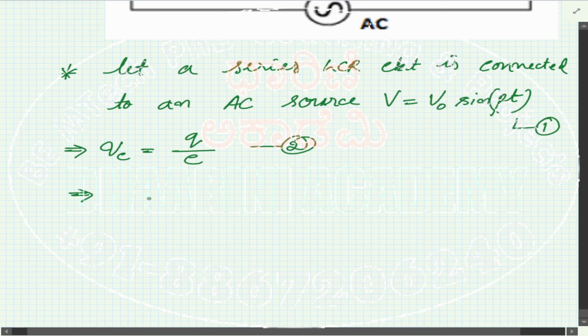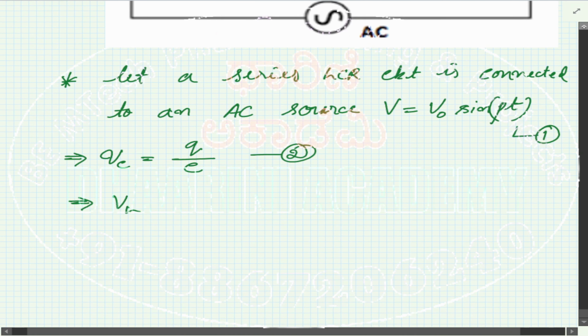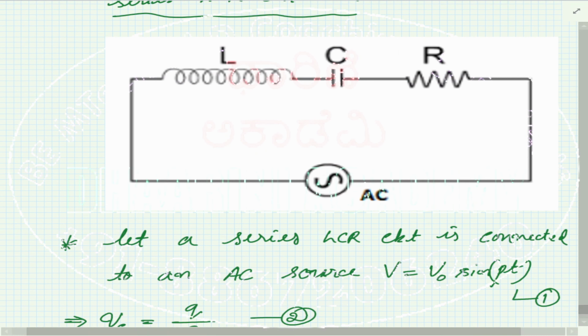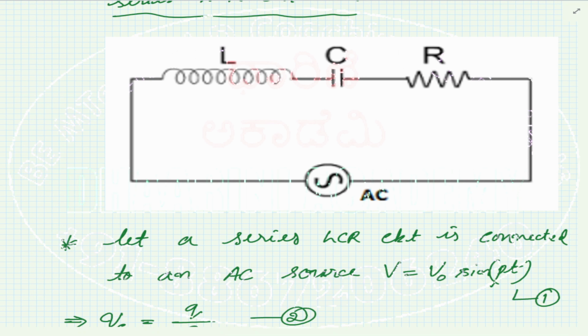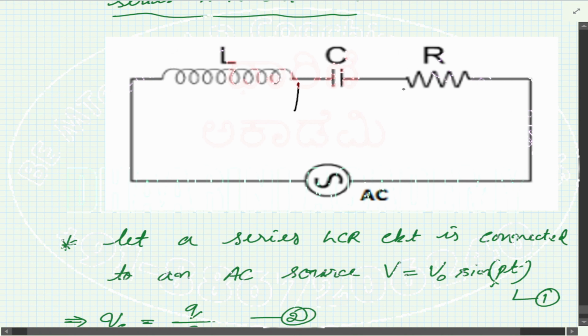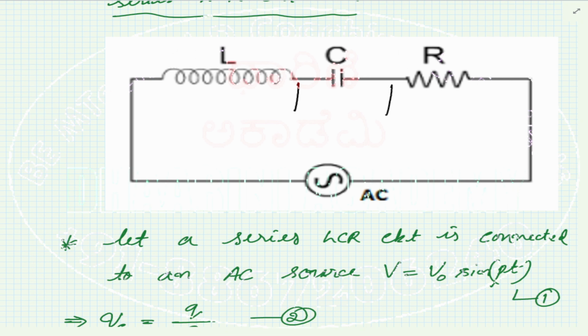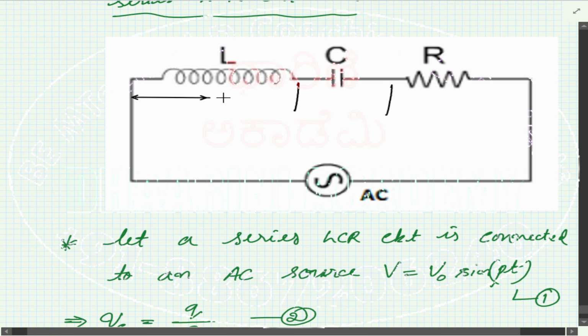Also, we can write the voltage across the inductor. I'll show the terms there itself so that it becomes easy for you to trace. Let us say we have the three components like this, and let's write the voltages across each device in the following fashion.